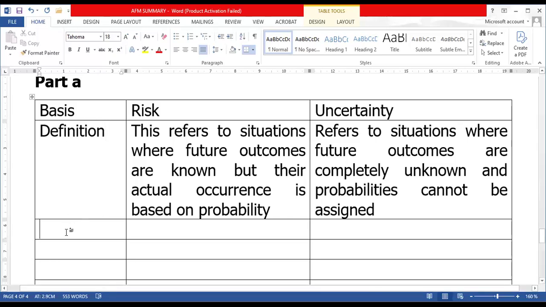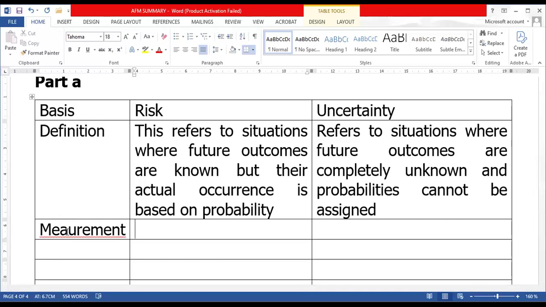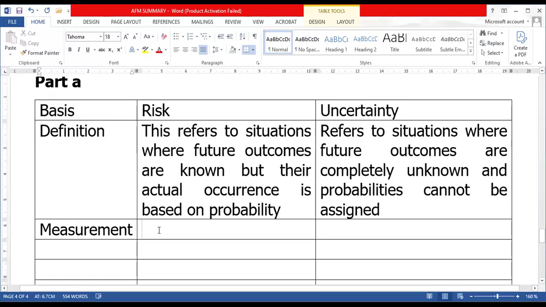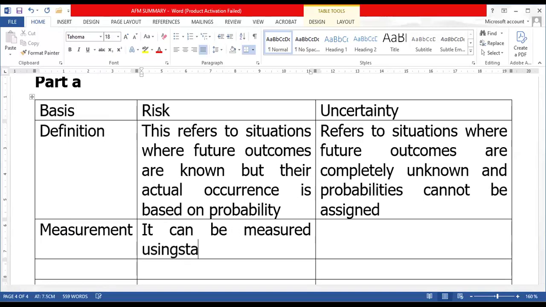Point number two, you can talk about the measurement. You can easily measure the risk. This risk can be measured using statistical tools. For example, we normally use standard deviation.